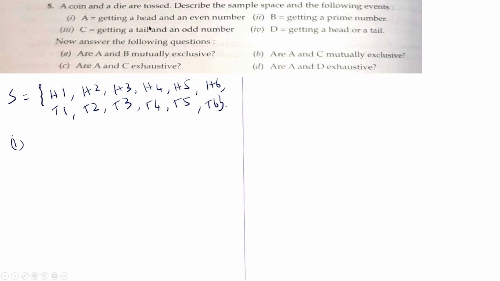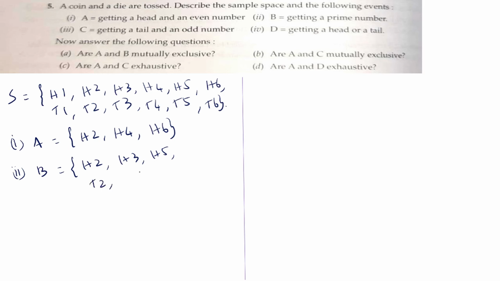The first subdivision: getting a head and an even number will be H2, H4 and H6. So A equals H2, H4 and H6. The second subdivision: B is getting a prime number. With head the prime numbers are H2, H3, H5 and with tail they are T2, T3, T5.